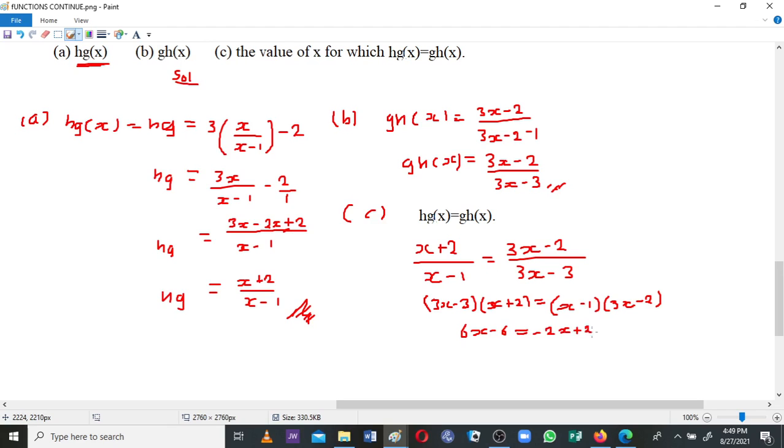All right, so adding both sides of these equations with negative 6x and positive 6, we are going to get 8x is equal to 8, right?